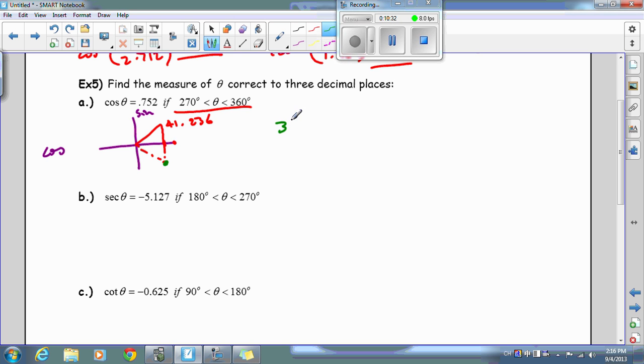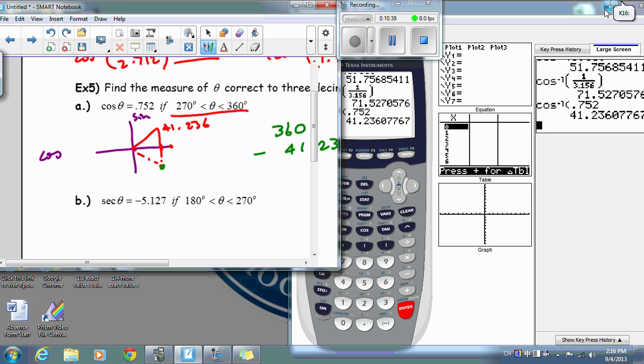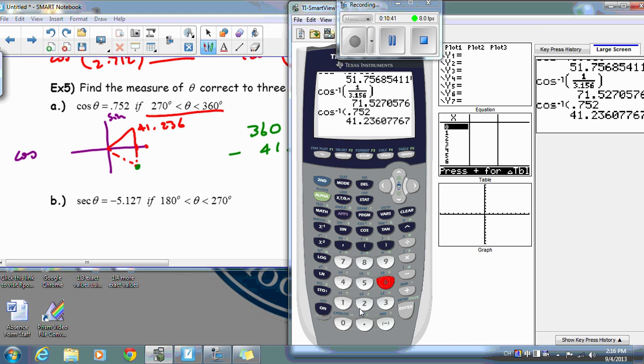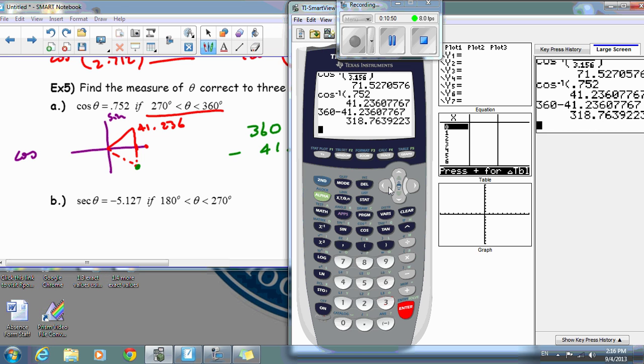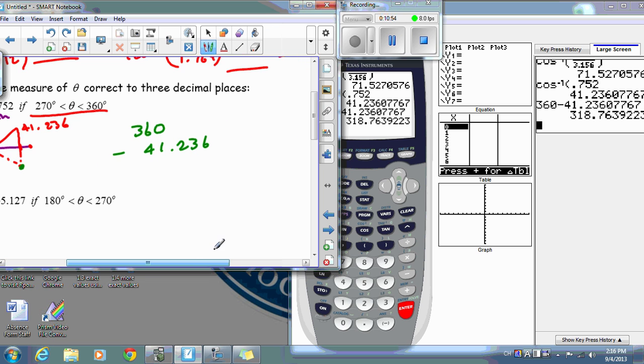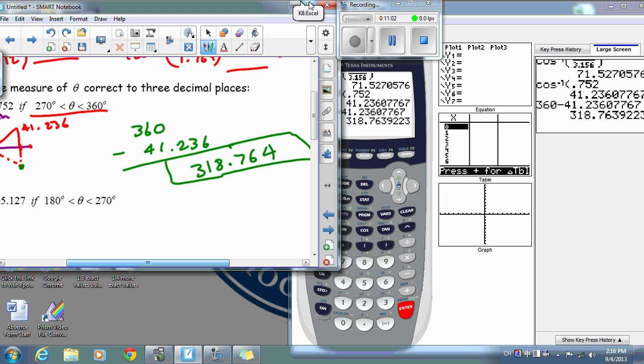All I got to do is 360 minus 41.236. And you can just do 360 on your calculator minus the previous answer. And it will give you 318.764, and that will be your degree angle that we're looking for.